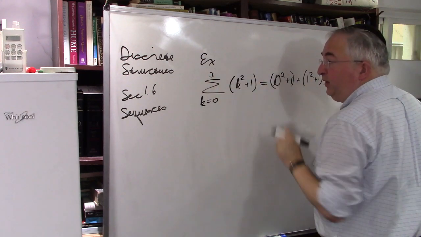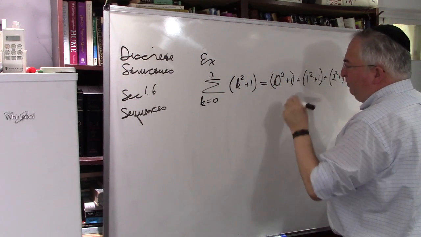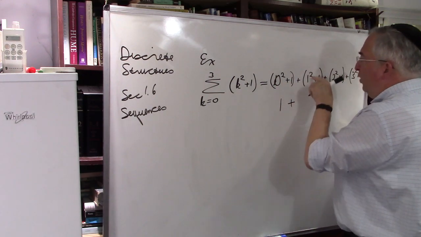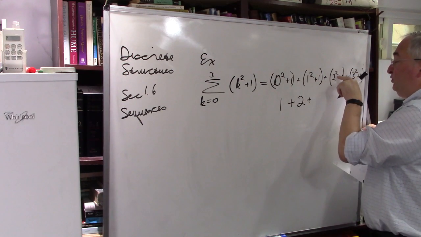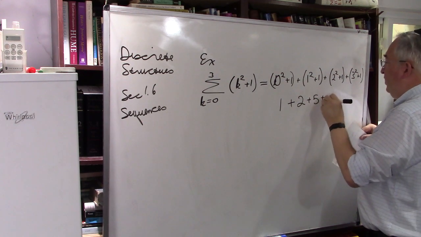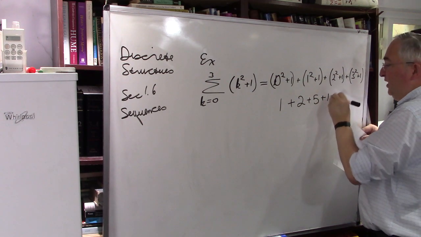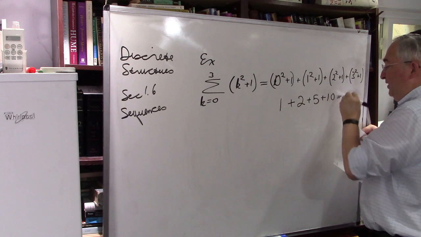That's our boundary. We finish there. So what is this? 0 squared is 0 plus 1 is 1, plus 1 squared is 1 plus 1 is 2, plus 2 squared is 4 plus 1 is 5, plus 3 squared is 9 plus 1 is 10. So 1 plus 2 plus 5 plus 10 is equal to 18.